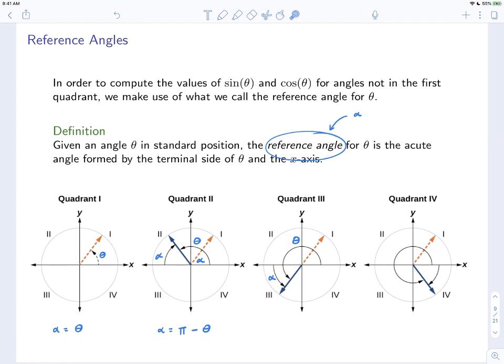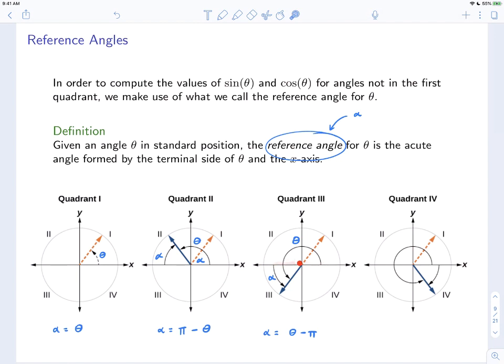In this case, alpha is equal to theta minus pi. Because pi is 180 degrees, the half rotation is not quite going to get you to theta. There's a little bit more.